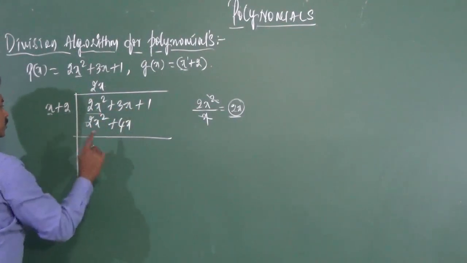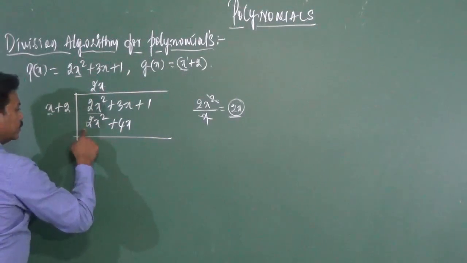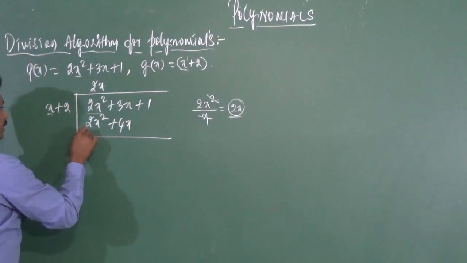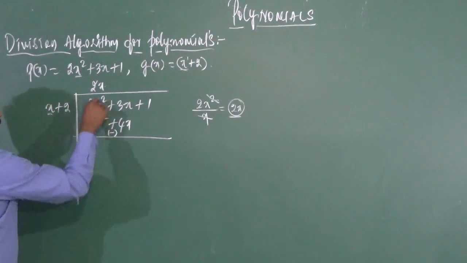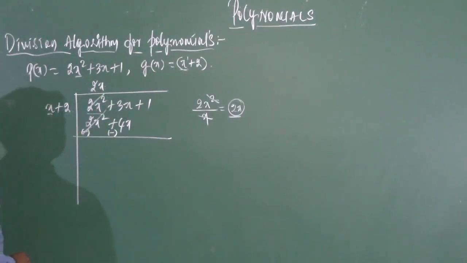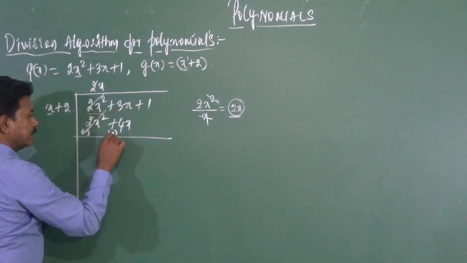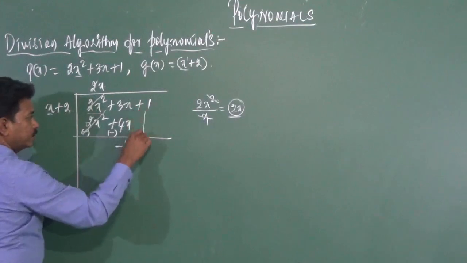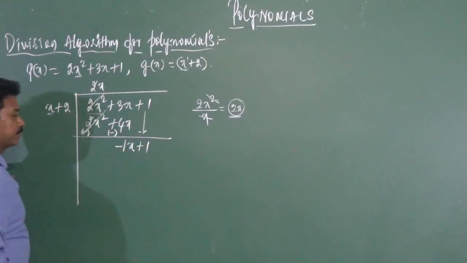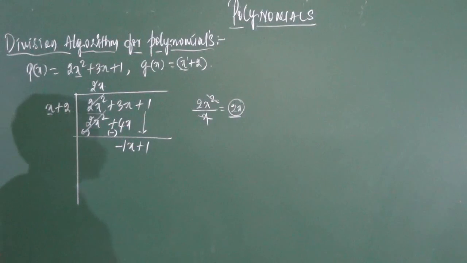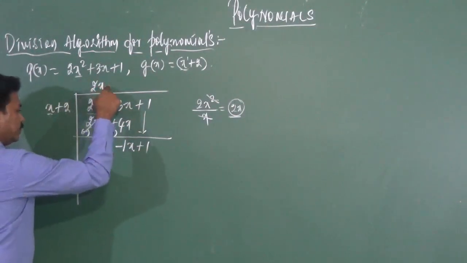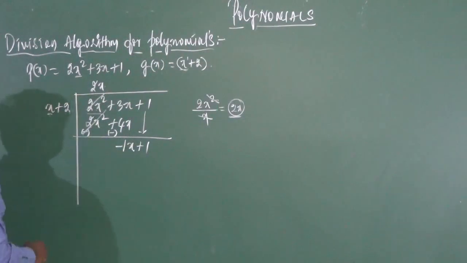Now in this step we have to subtract this from this, so the signs of the terms change. So plus 2x square and minus 2x square cancel. Plus 3x minus 4x is minus 1x, and we take this 1 down, that is minus 1x plus 1. Now x into what gives you minus 1x? Very simple.